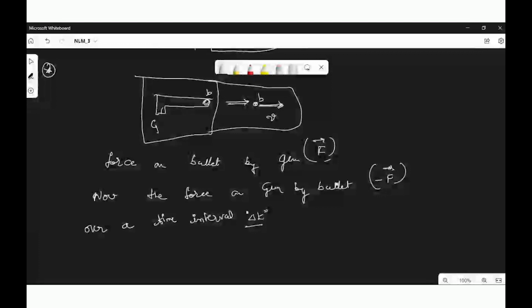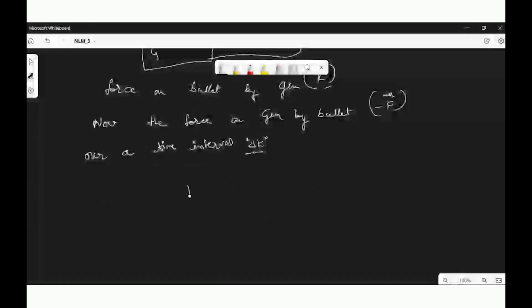If that is true, how much is F into delta t? That should be equal to minus F into delta t. Magnitude-wise both must be the same. So now what is this F into delta t? If I consider the product, this is nothing but some change in momentum.